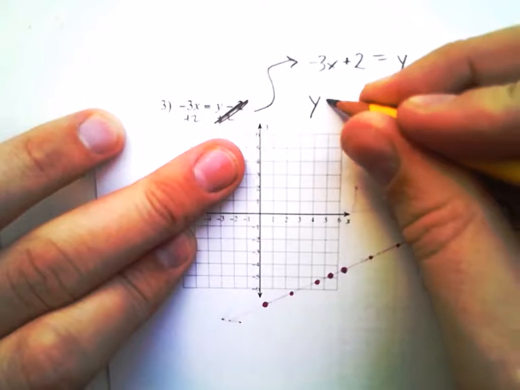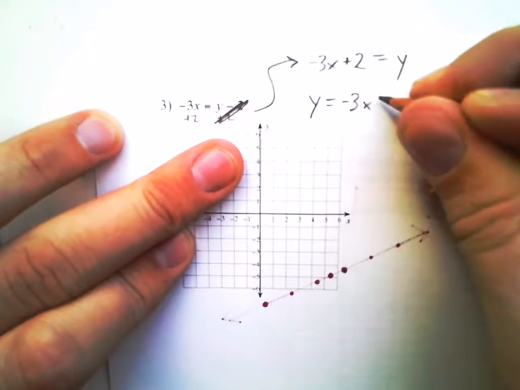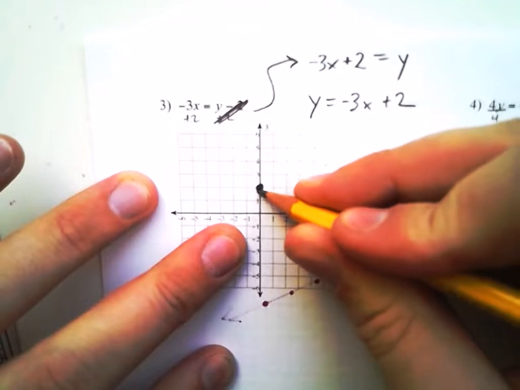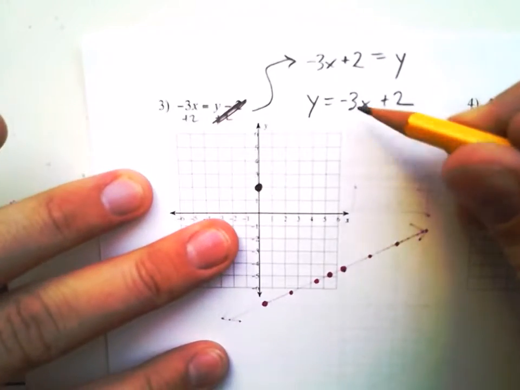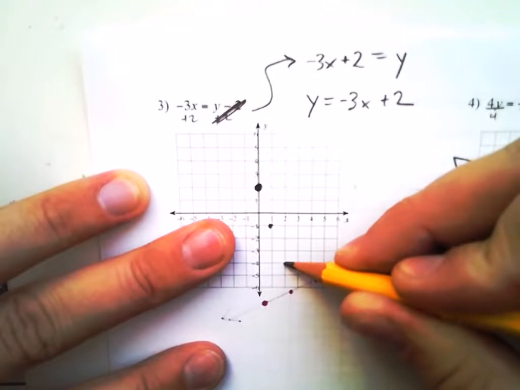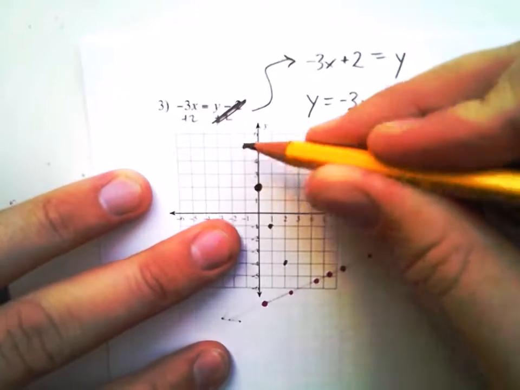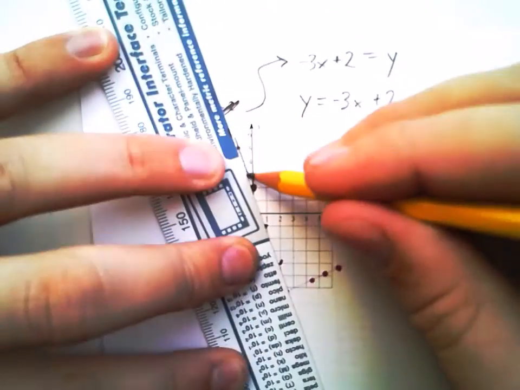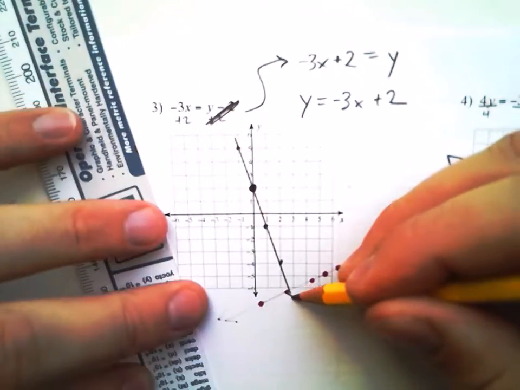And so we got y equals negative 3x plus 2. So the y-intercept will be 2 and the slope will be negative 3. So we'll go down 3 over 1. And that's what this line will look like.